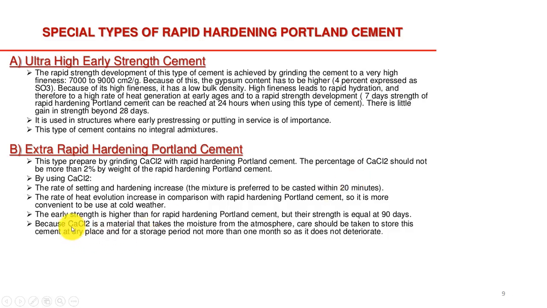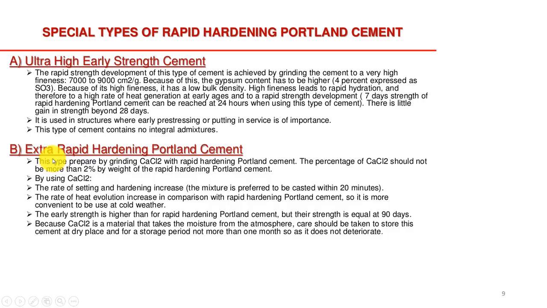So, calcium chloride cannot be used in reinforced concrete. Nowadays, after the invention of admixtures, plasticizers, there are various types of admixtures that you use in the modern concrete industry. So, calcium chloride is basically obsolete.